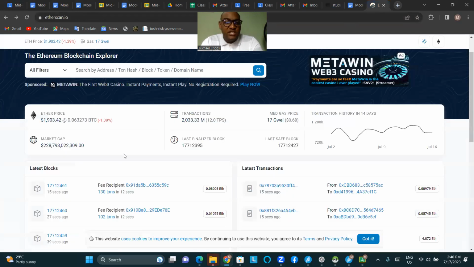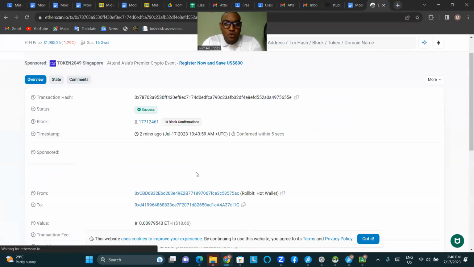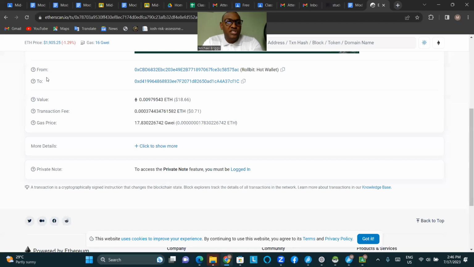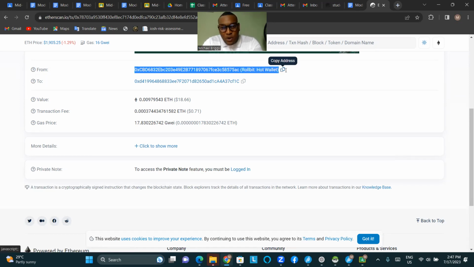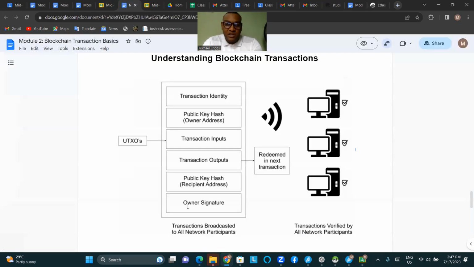Because if you notice in these transactions that we looked at here, the moment we click on it, we'll be able to see from who this was sent and who it was sent to. So you see from and to. So this is the public address of the person that sent the money. And this is the public address of the person who the money is being sent to. So these two are included in the transaction of the blockchain.